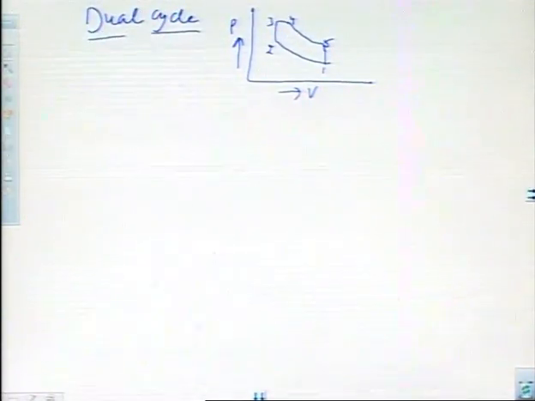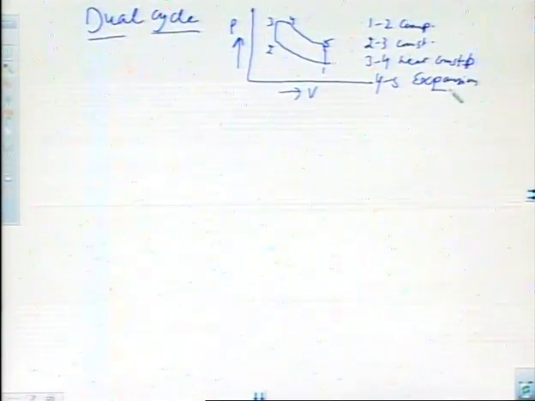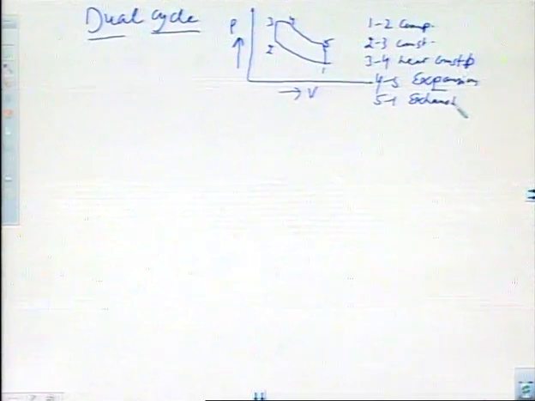So, these processes: 1 to 2 again compression process, adiabatic reversible compression process, 2 to 3 heat is added at constant volume, 3 to 4 heat is added at constant pressure, 4 to 5 isentropic expansion of the cycle, and 5 to 1 exhaust or heat is rejected. How the cycle completes.